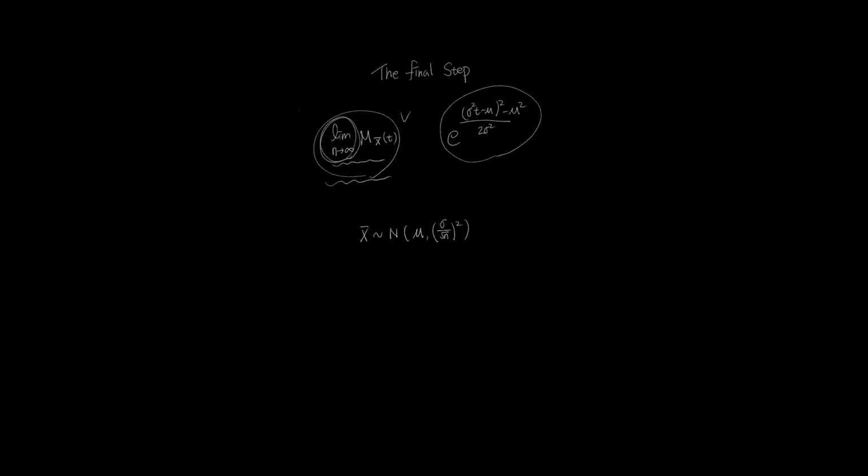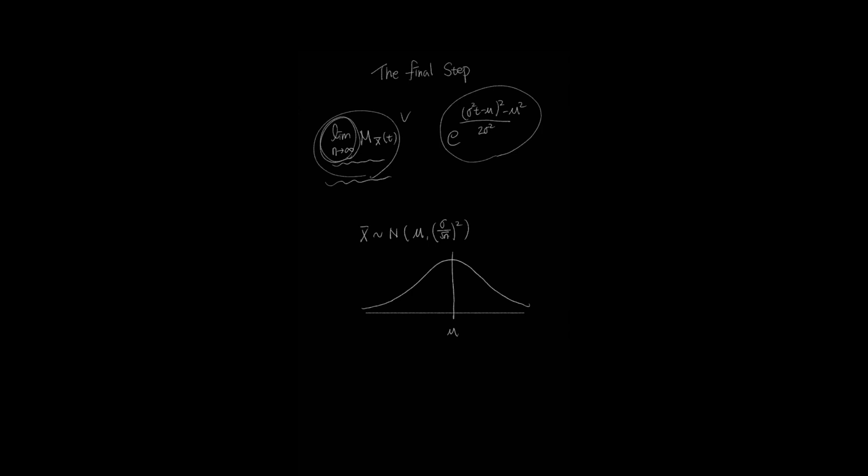So we know this. When we draw this here, it looks like this, and this would be mu, which is the population mean.